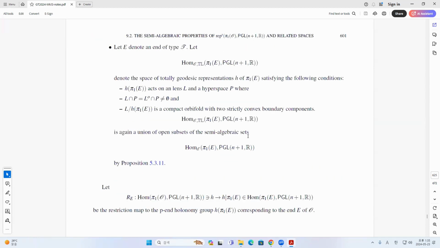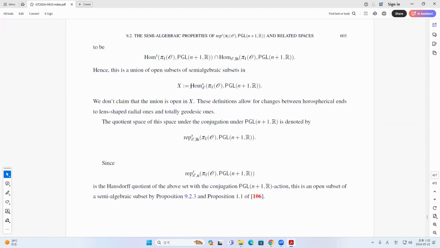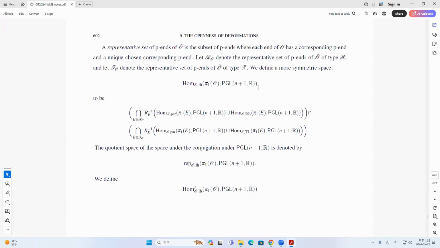Again, if you restrict this Hom to pi 1 of E, then the restriction map corresponds to n. So you take the representative set of each n, and then you define this Hom LE to be the inverse image of this restriction for each n of this parabolic plus this, and then parabolic plus TL.